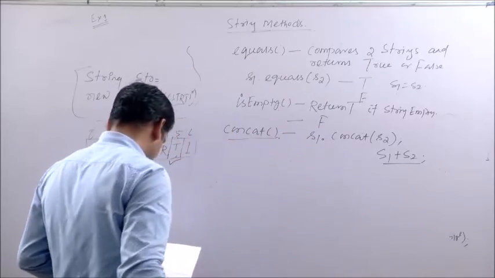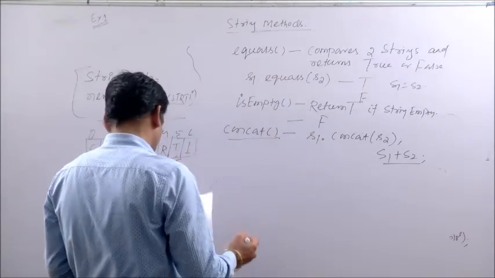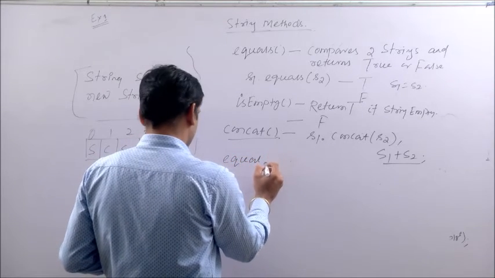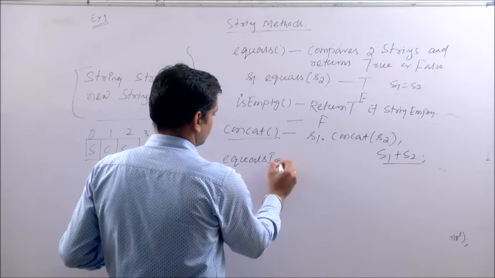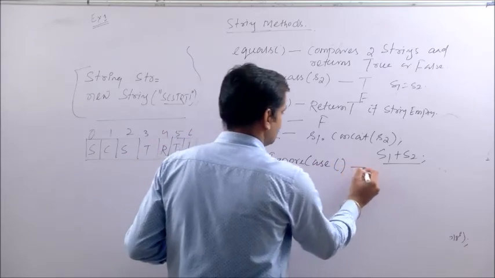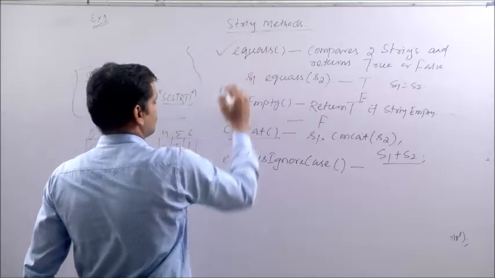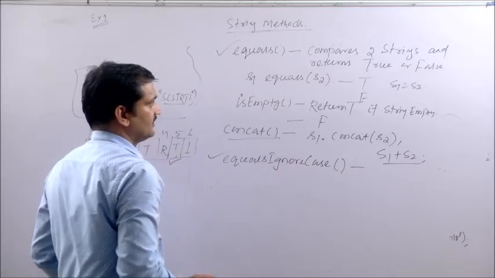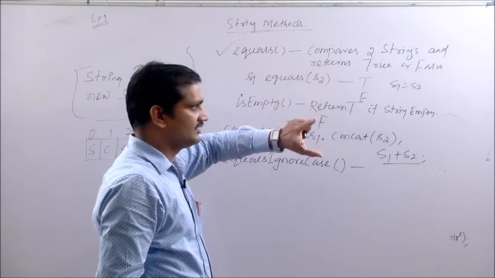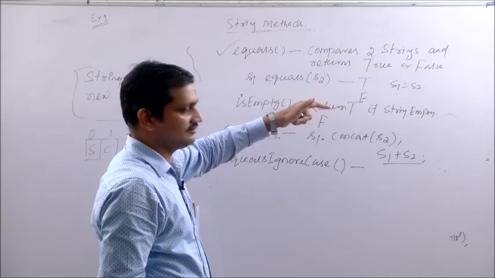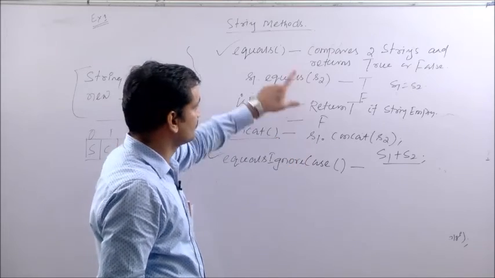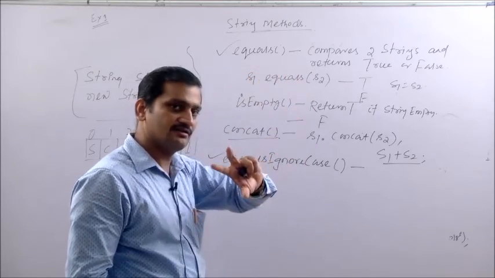Then the next string method is equalsIgnoreCase. This method is similar to the equals method, but the difference is that the equals method, when comparing two strings, is not going to ignore the case of the alphabet. It distinguishes the uppercase character and the lowercase character.